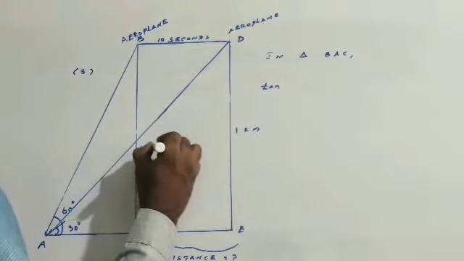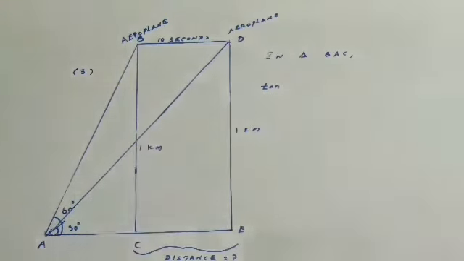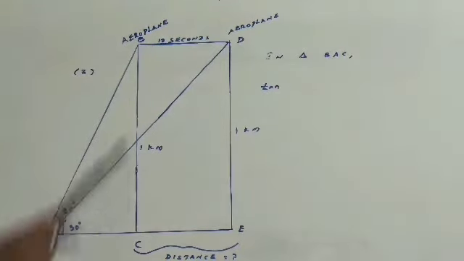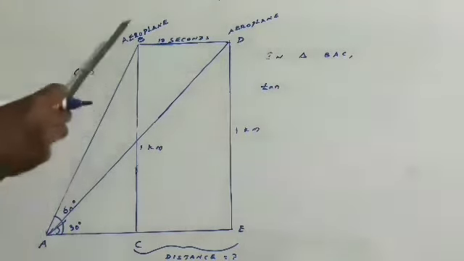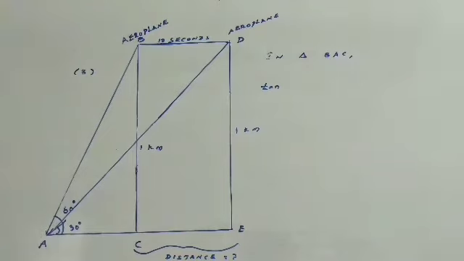So the height is 1 kilometer. We know the height of the aeroplane, that is the opposite side. We don't know the distances AC and CE. So let AC as X, CE as Y.